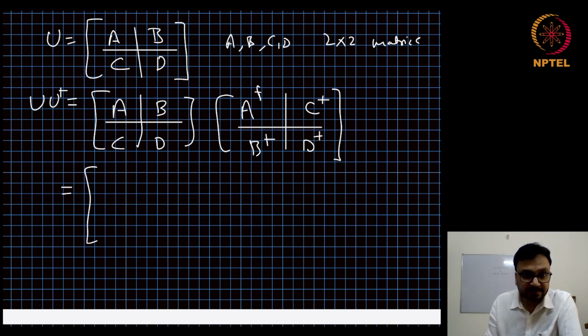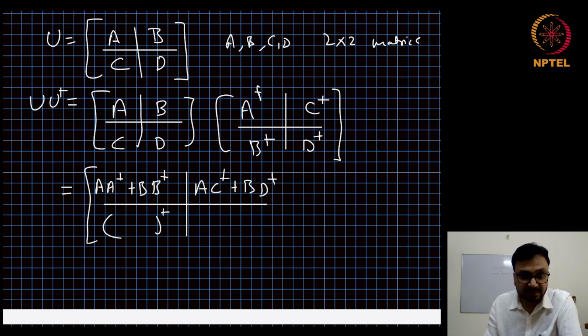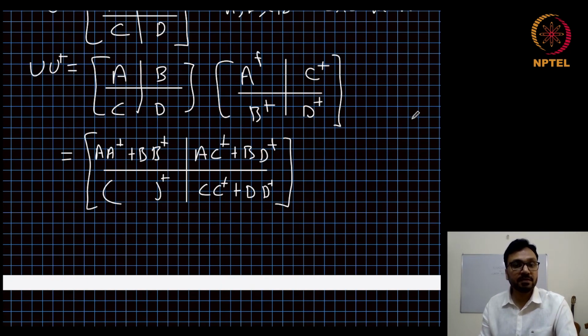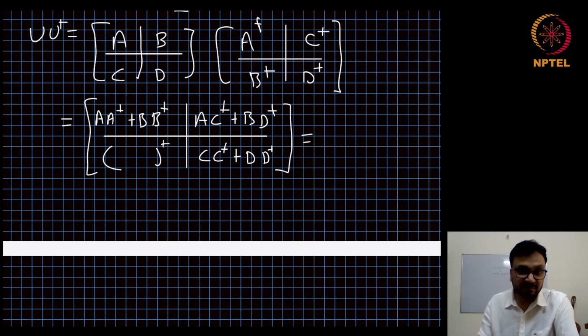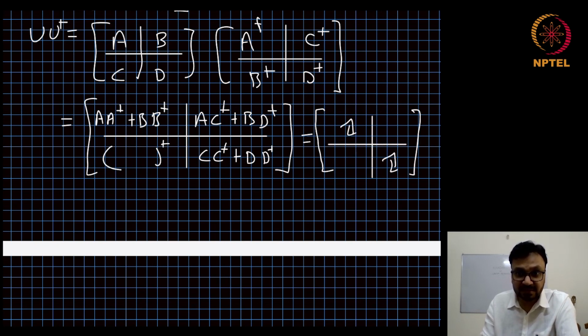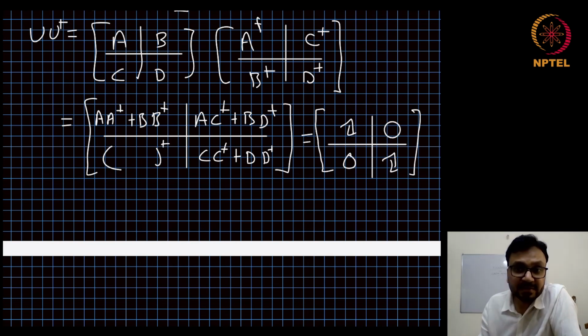The product will be A A dagger plus B B dagger, A C dagger plus B D dagger, the Hermitian conjugate of that, and C C dagger plus D D dagger. So this is the matrix we get when we multiply U with U dagger in terms of A, B, C, and D matrices. And we know this must be equal to identity, and 0 and 0: 2 by 2 identity, 2 by 2 0, 2 by 2 0, and 2 by 2 identity.